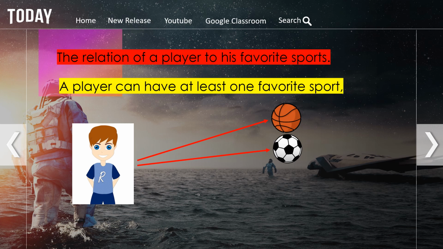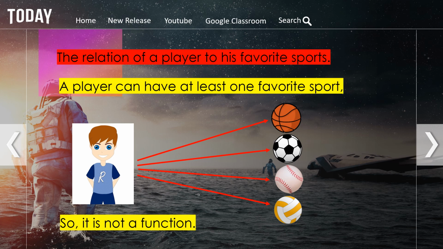He also likes to play soccer. His favorite sport is also baseball. And he likes also to play volleyball. So it is not a function. Therefore, it is not a one-to-one function.